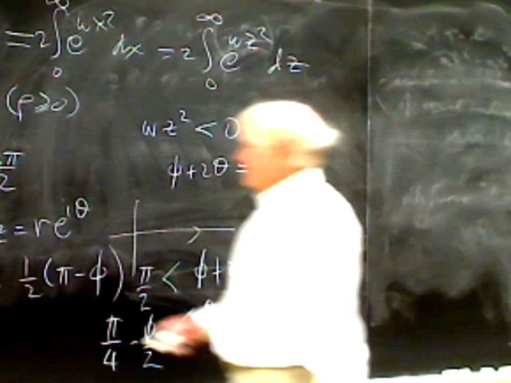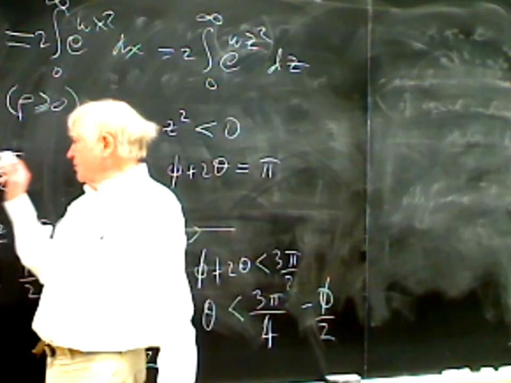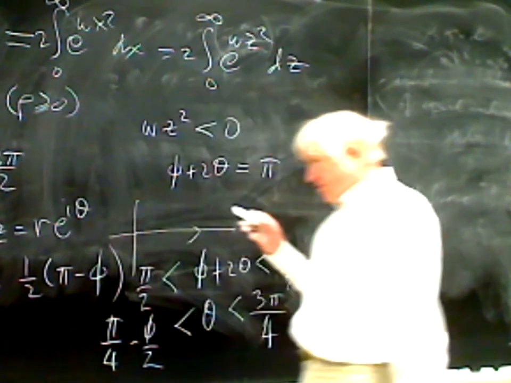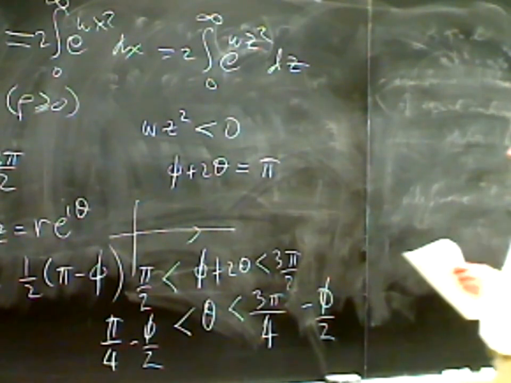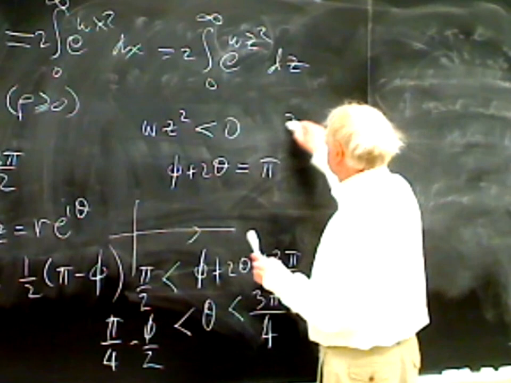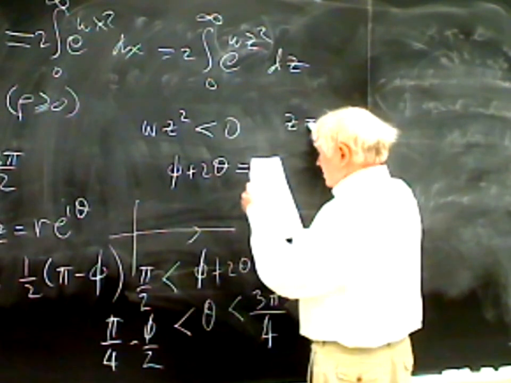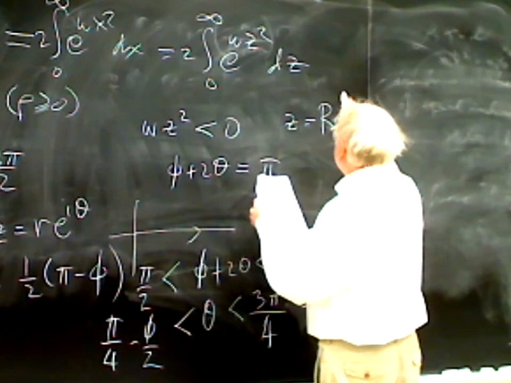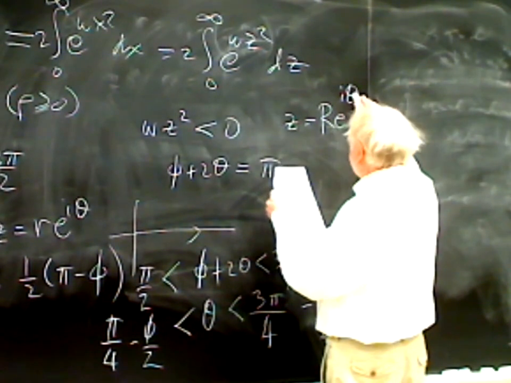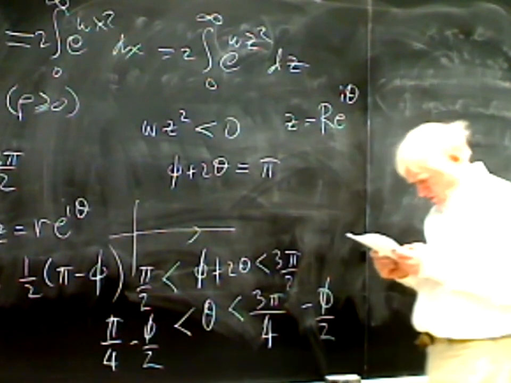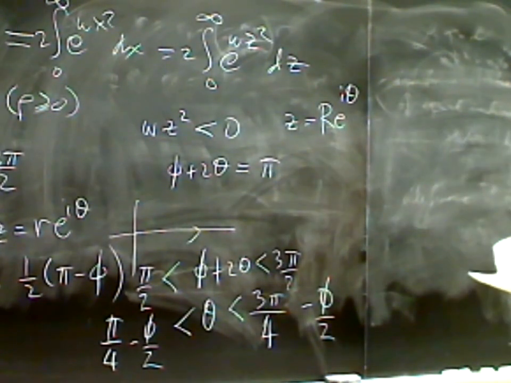But we also know that phi is between pi over 2 and 3 pi over 2. And so consequently, the integral, if we let z equal to r e to the i theta, all right, let me fix this.